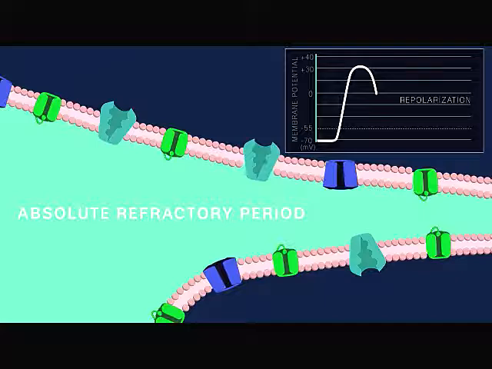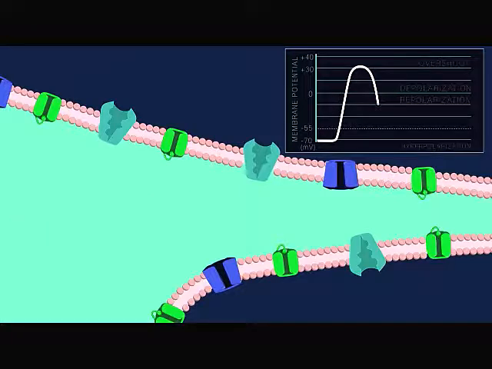As they are moving outside, they are reducing the positive which was created by the entrance of the sodium. And then the positive is lowering to become more negative. As more potassium moves out, the membrane continues to become negative. However, there is always a delay in the closure of the potassium channels.